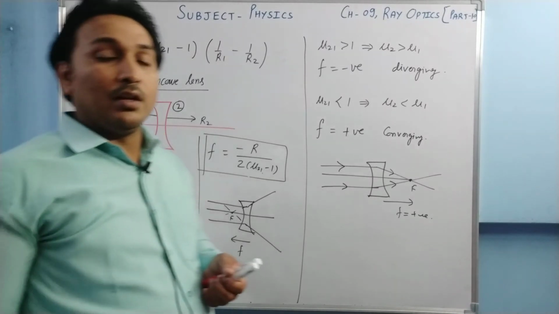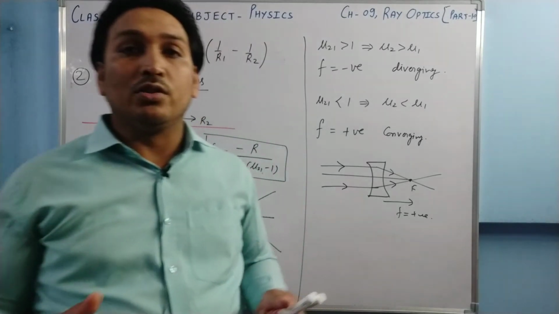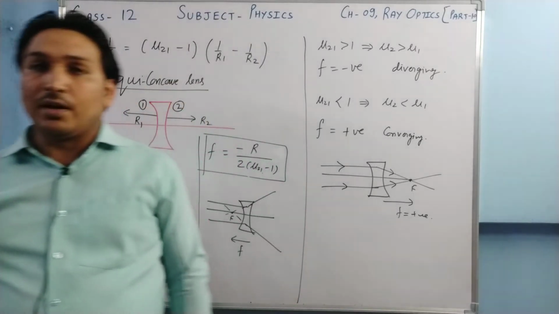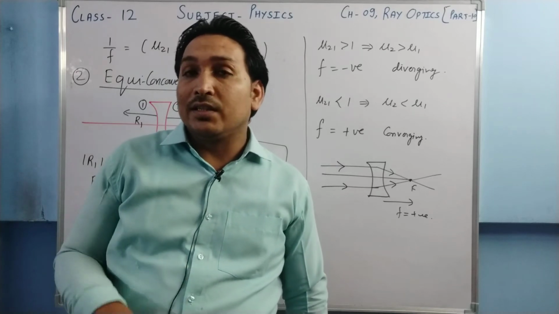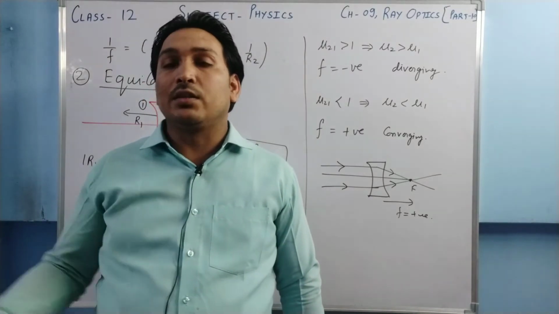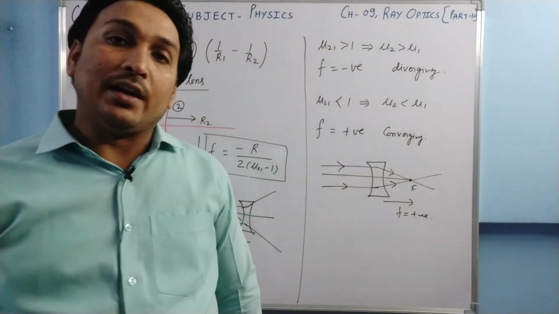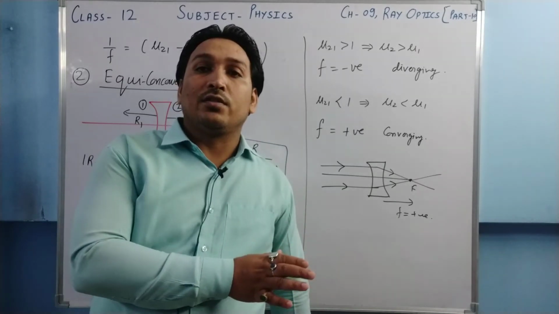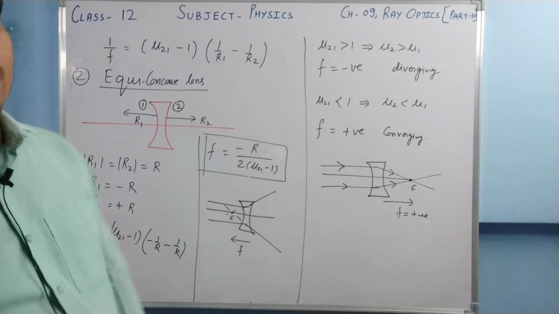So they show opposite bending as before, and because of that the basic nature changes. In a practical viva or examination, it has been asked whether a convex lens can diverge. If yes, then explain. You need to explain that a convex lens can diverge if it is placed in such a medium that the refractive index of the medium is greater than the refractive index of the lens. You need to understand that.